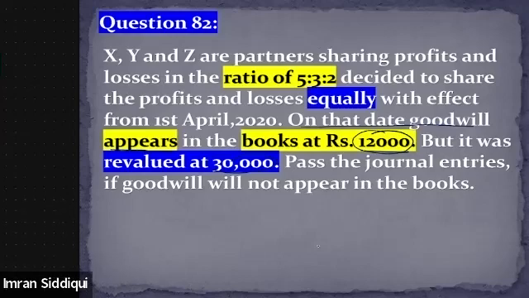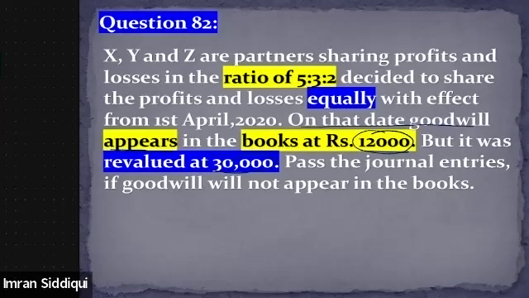Okay, and in case of the self-valued goodwill, what treatment have you done? Gaining partners capital account debit to sacrificing partners capital account.